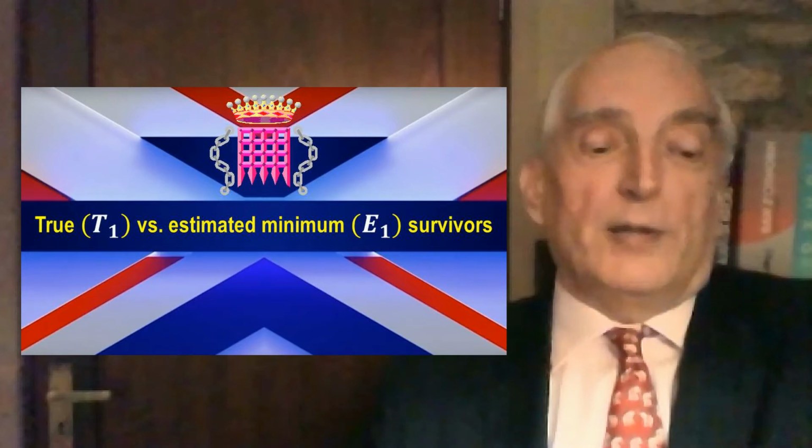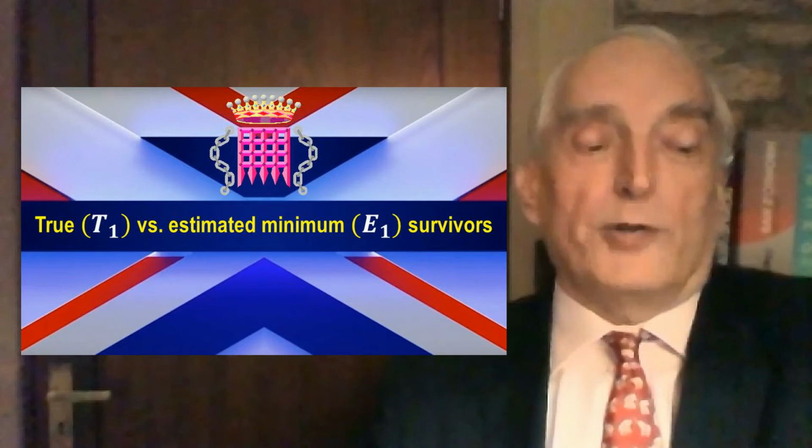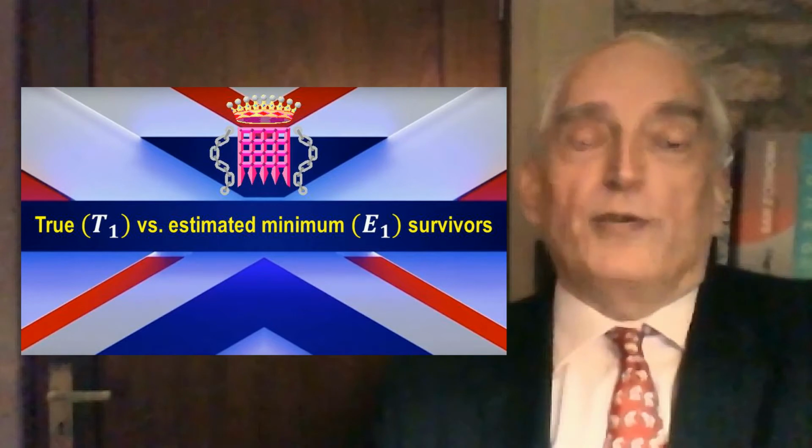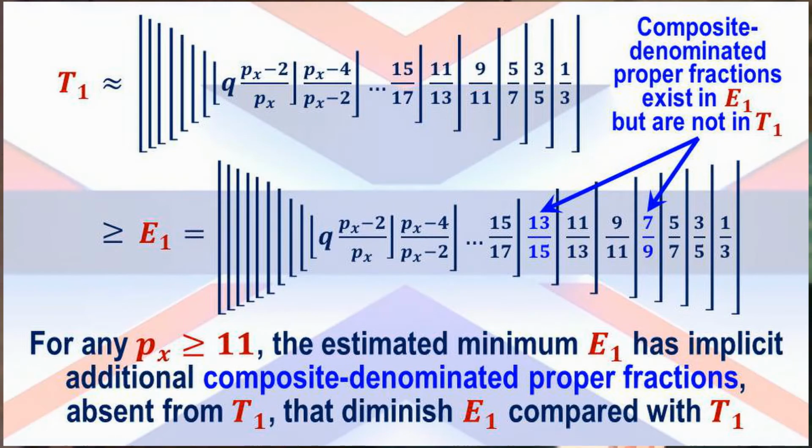First we take the comparison between the true and estimated minimum survivors. What's the difference between these first two lines of the key relation? We can see that in the second line for E1, there are some additional composite denominated proper fractions which exist in E1, but they're not in T1. And because they're proper fractions and they're part of a product, those proper fractions, being less than 1, will reduce the value of E1 compared with T1.